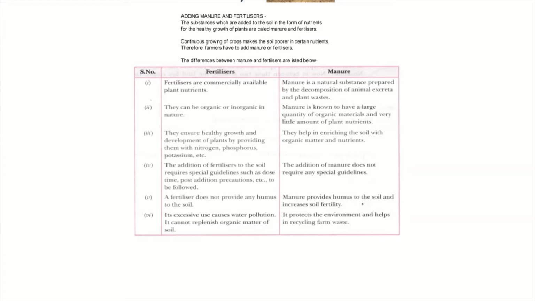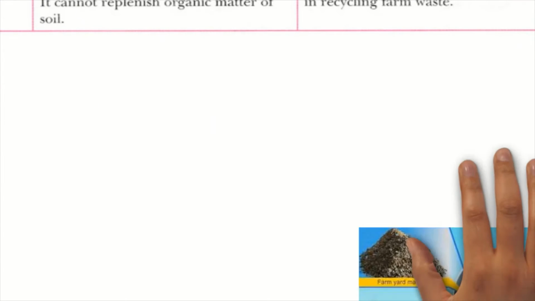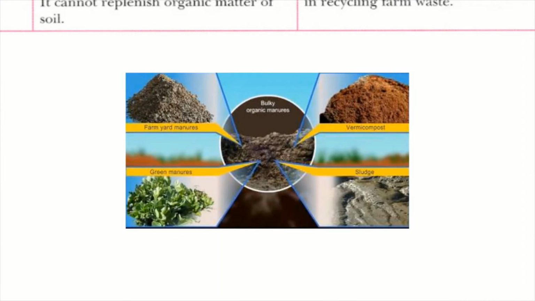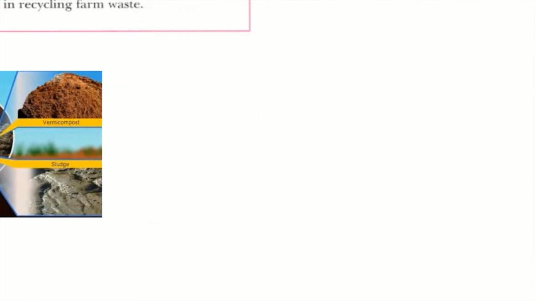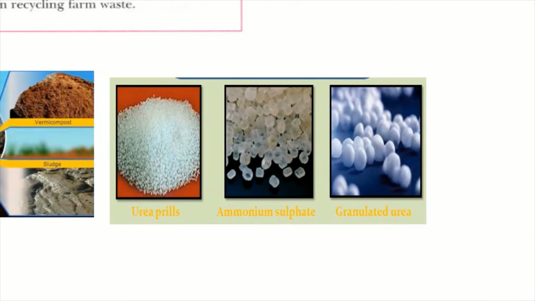In addition, manure also improves the texture and the fertility of the soil by adding humus to the soil. Some examples of manures that are used are vermicompost and green manure, and some of the fertilizers are urea and ammonium sulfate.